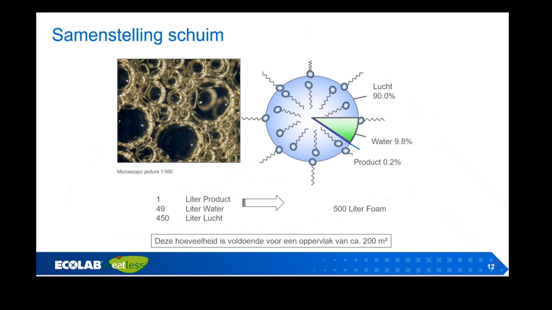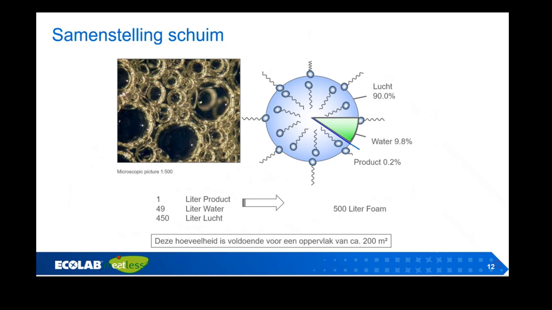So this is the consistency of foam. Like you can see, foam consists of 90% air, 9.8% water, and 0.2% product. So as you can see, there is much more air and water than your product.